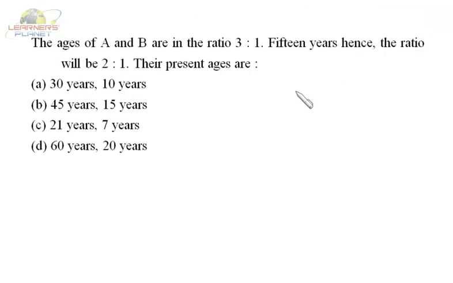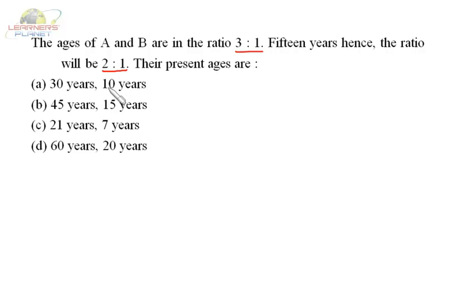Now let's see this problem. The ages of A and B are in the ratio 3 is to 1. 15 years hence the ratio will be 2 is to 1. Their present ages are? Since we have been asked about ages of A and B, we can even go by elimination of options. As of now, the ratio should be 3 is to 1. Probably all the options will be in the ratio of 3 is to 1. Okay. But after 15 years, the ratio should be 2 is to 1.